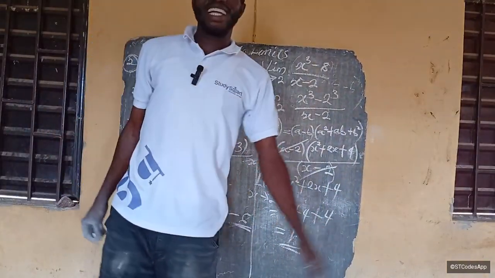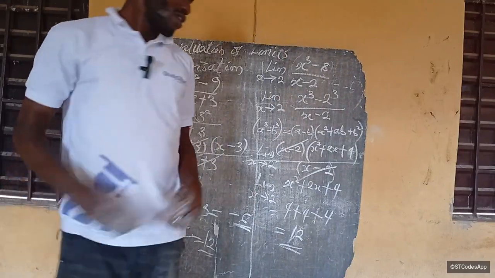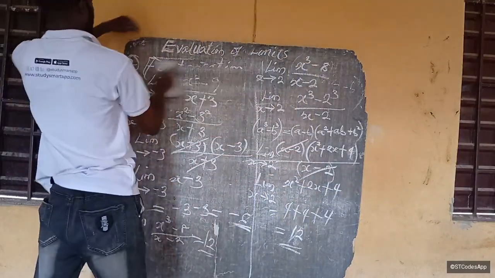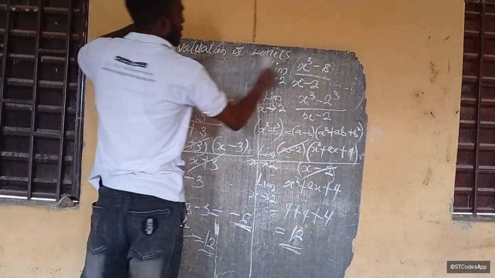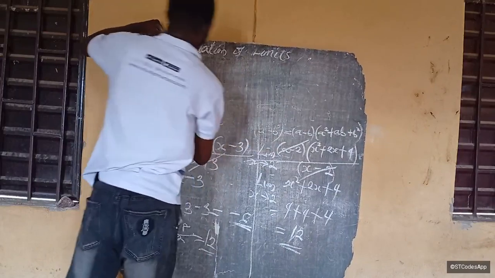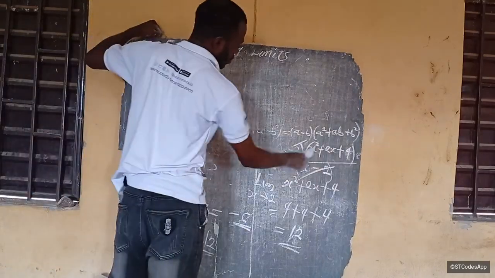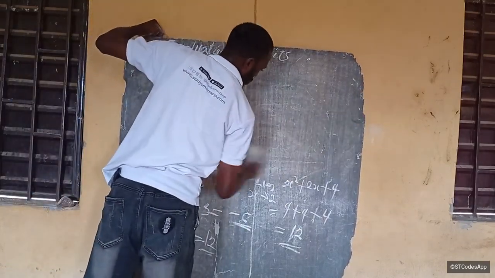All right. Now let's take the next method of solving limits. The next method is L'Hopital's rule. Or no, let's take the rationalization rule first.